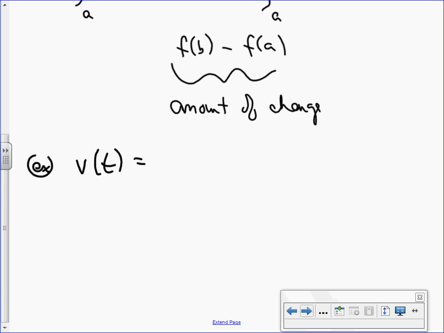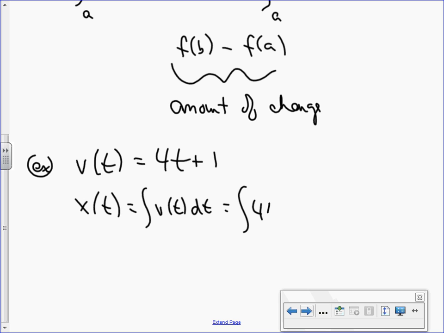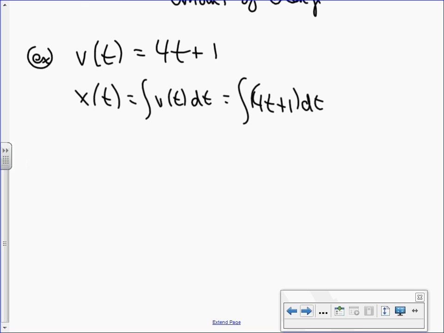So I have a velocity function here, a nice simple one. And we've already done this. If I said find x of t, you would take the antiderivative of the velocity. Antiderivative of 4t plus 1. And there it is, the indefinite integral for the antiderivative.